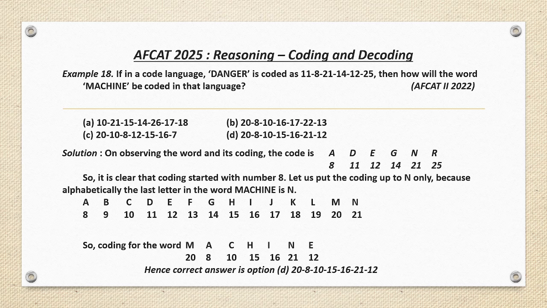So please take 1 minute. If not 1 minute, take 2 minutes. Pause and try to answer it on your own. Okay. Now let us see how the word danger is coded. Right. Here we see 11, 8, 21, 14, 12, 25, something like that. Okay. So what is it?